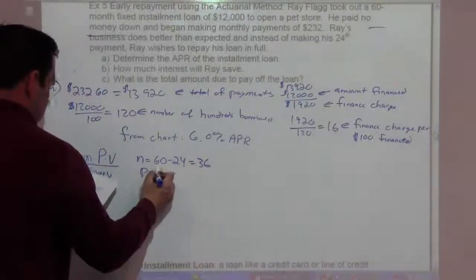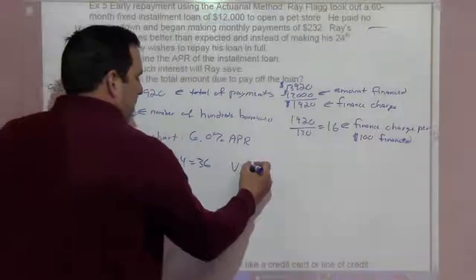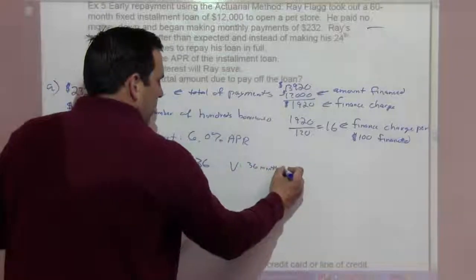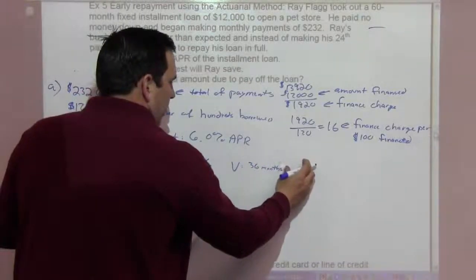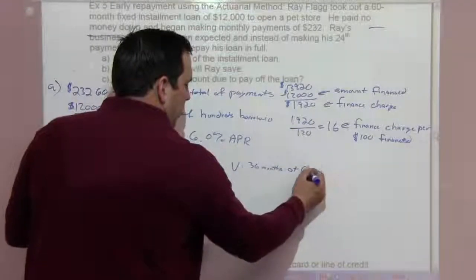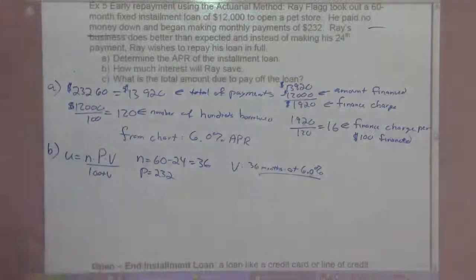Our payment is $232. Now our V is going to be based on 36 months at the 6% that we just found. It was originally 6%, so it's still 6%. So we get this from that chart.